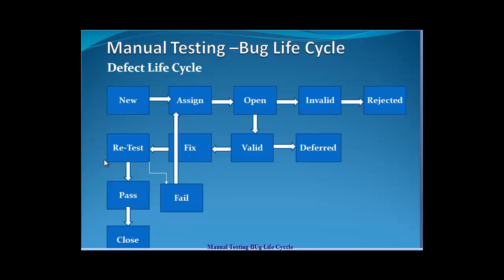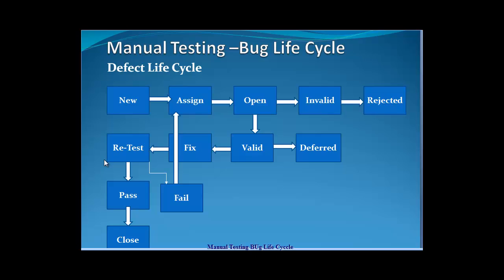In retest state, the test engineer again retests those 3 reported defects. So again he re-executes those 3 failed test cases to check whether the reported defect has been fixed or not. If those 3 defects are fixed, then the test engineer marks status as pass and he closes that defect.